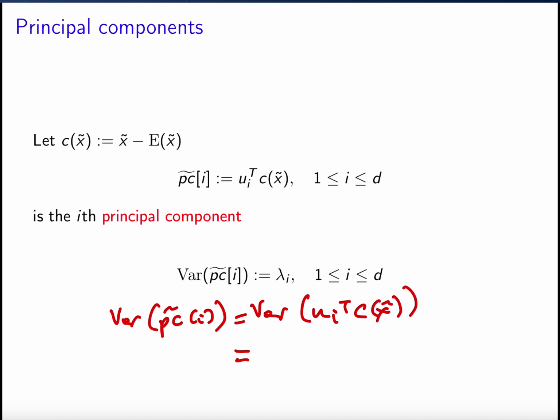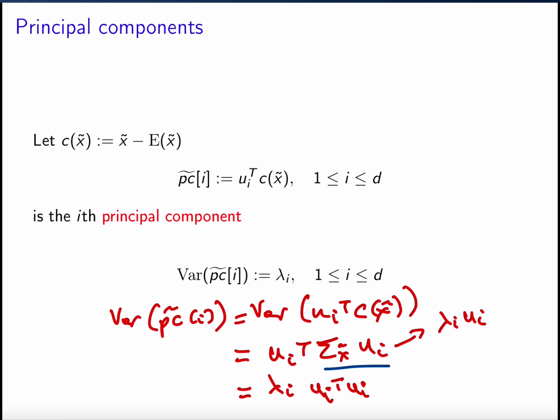Okay, but we know that this is just equal to ui transpose times the corresponding covariance matrix times ui, and by definition of eigenvectors, because this is an eigenvector of this covariance matrix, this is exactly equal to lambda i times ui. So we end up with lambda i ui transpose ui, and we're always considering that the eigenvectors have L2 norm equal to 1, they're all normalized, so it's just equal to lambda i. Okay, that is the proof.